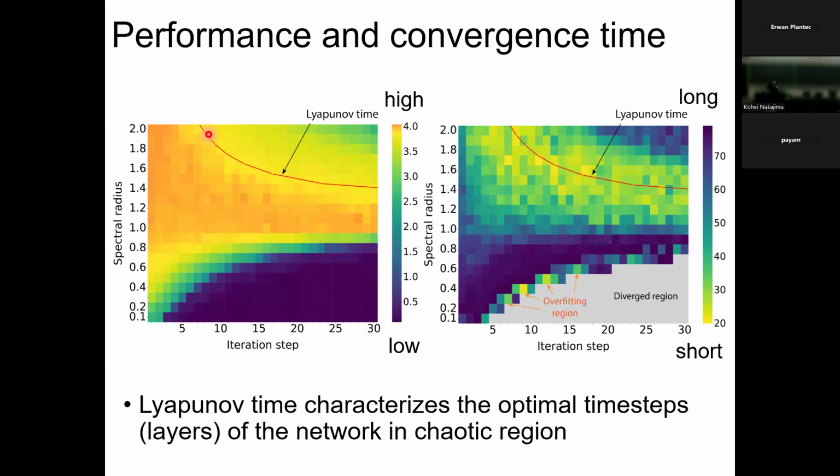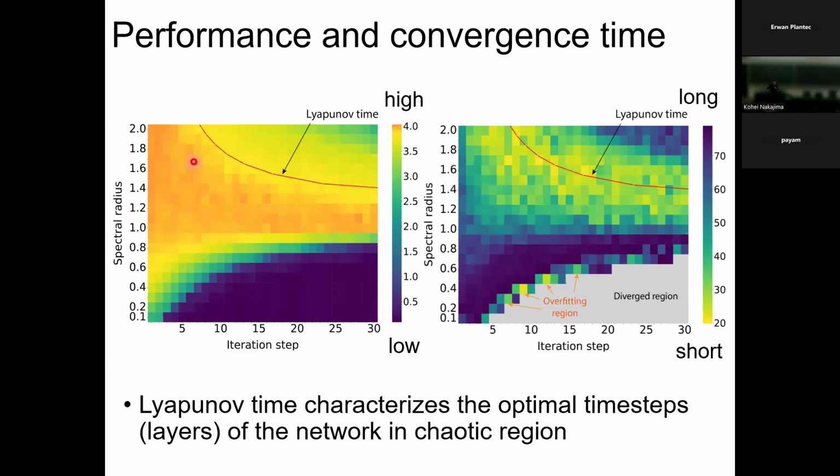And also there exists some kind of interesting appropriate number of layers, which was characterized by the Lyapunov time. Because Lyapunov time characterizes how a small tiny distance spreads over the state space. So it becomes entirely unpredictable if you go beyond this Lyapunov time. But within this Lyapunov time, this small tiny distance has some kind of predictability, although it is chaos.